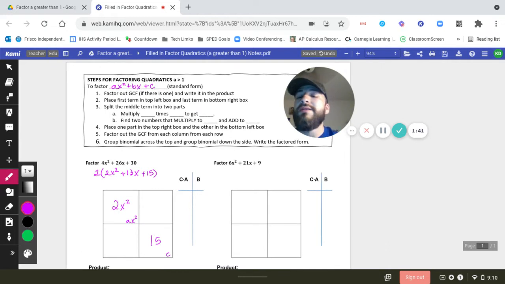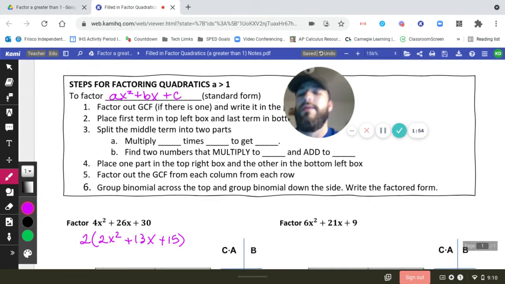All right, step 3, we want to split the middle term into 2 parts. So we're going to be finding 2 values for the middle term. To get those 2 values, we're going to do 2 things. We're going to multiply our a times our c to get a times c.